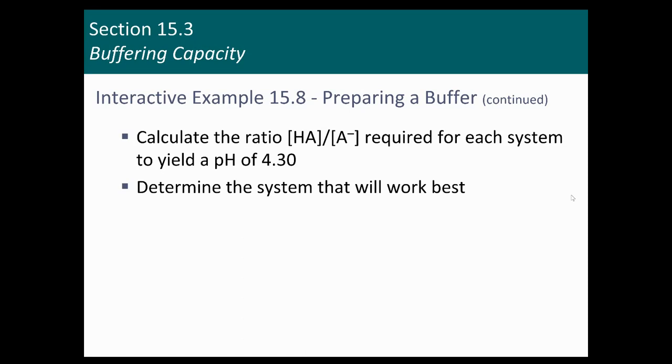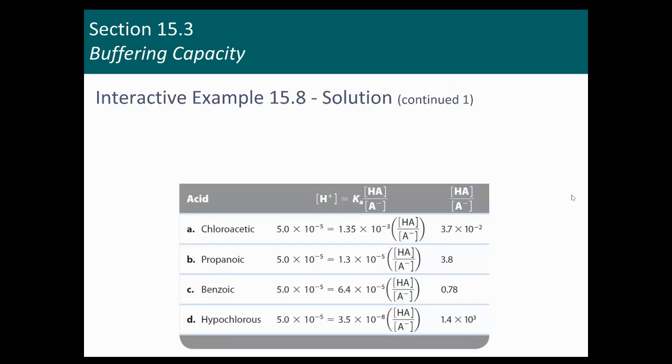But if I want to know the ratios that are going to work best, or I want to show you who's closest to 1 essentially, because remember, the ratios closest to 1 are going to be the best buffer for that system that we need. So I'm going to click on this. This is how your book did it. I want to kind of change this up just a little bit.